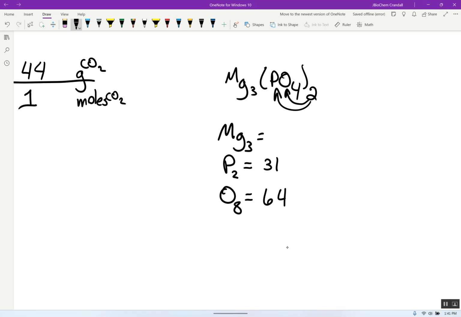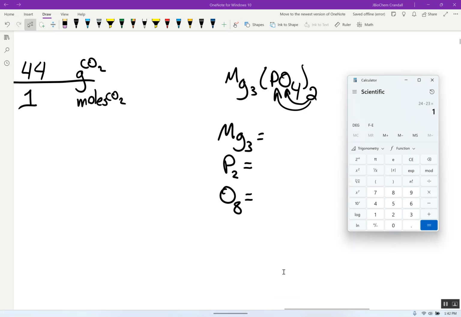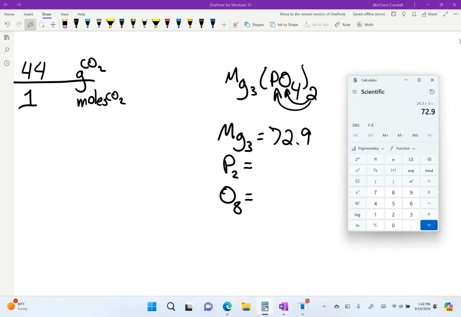Okay. So we would want to find all of those masses multiplied by the number that we have in the formula. So magnesium, Mg3, P2, O8, and then that's what I would use to find the masses of these, right? So with magnesium, 24.3 times 3, we're going to get 72.9. With phosphorus, 31 times 2, we're going to get 62.